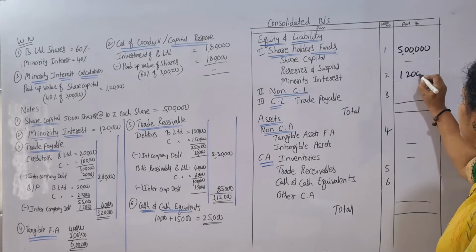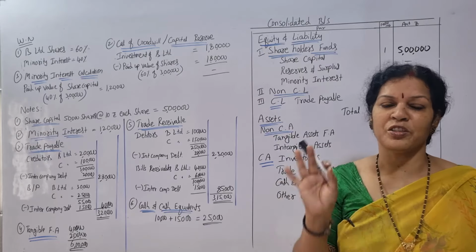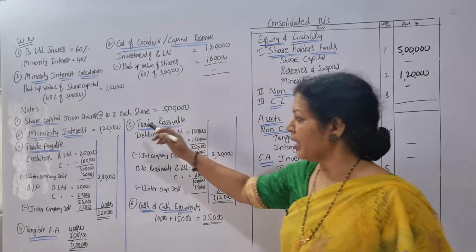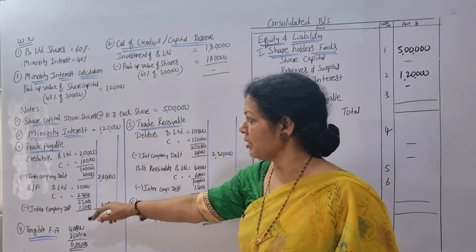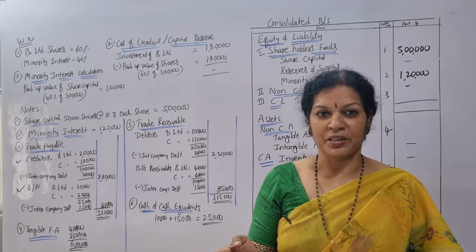Next, current liabilities. Now please be careful. Related to current liabilities, we have an intercompany transaction. What do we have under current liabilities? Trade payables. Trade payables means, always remember, creditors and bills payable, combined, always under current liabilities.